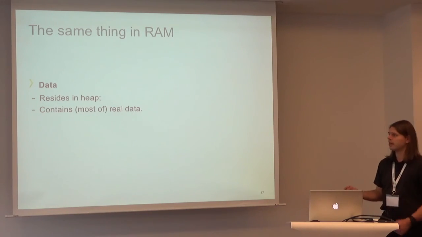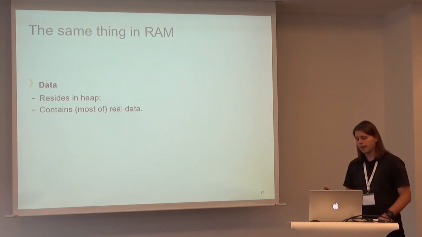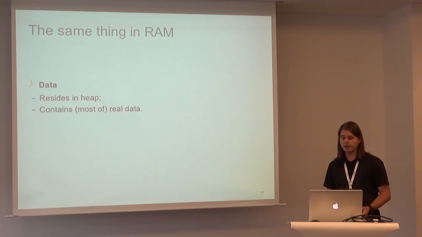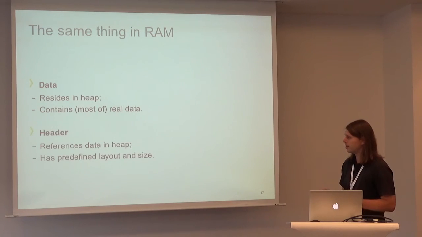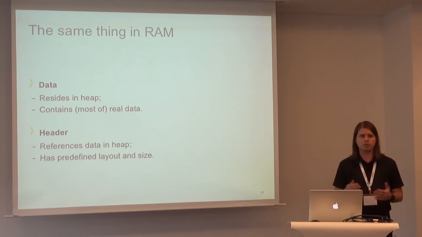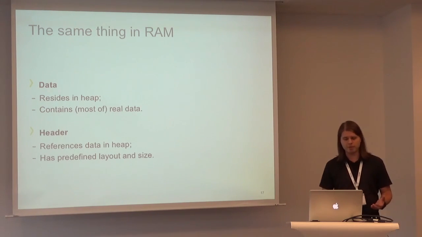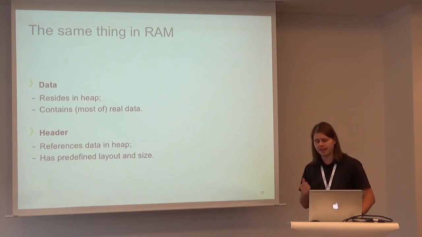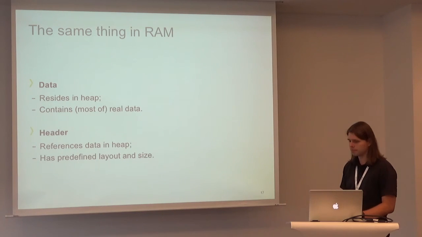So I want to repeat this once again. The actual data is in the heap, doesn't have to have any predefined layout and size, and usually contains most of the real data. And the header part, which usually consists of member variables, references the data in the heap and has a predefined layout and predefined size known at compile time.